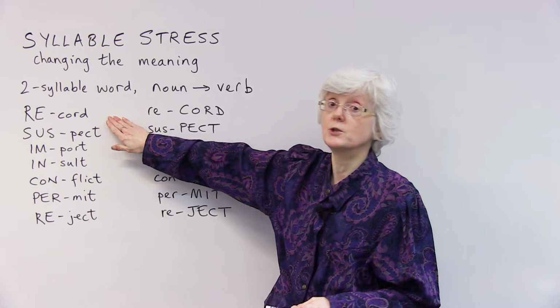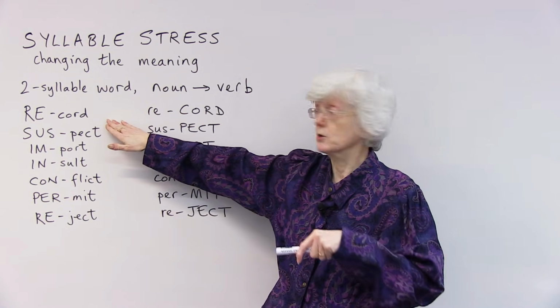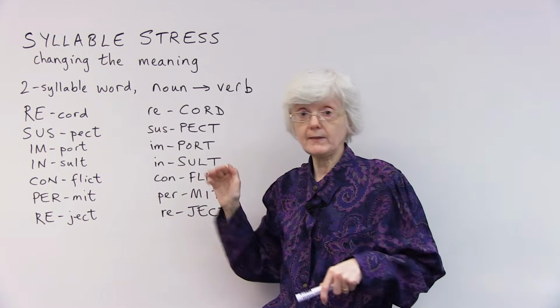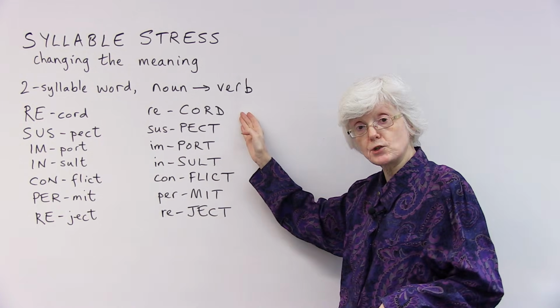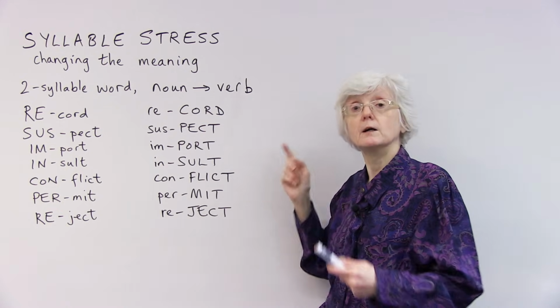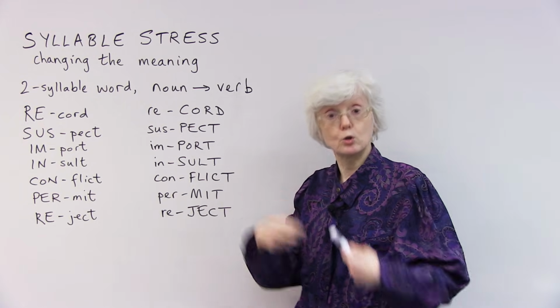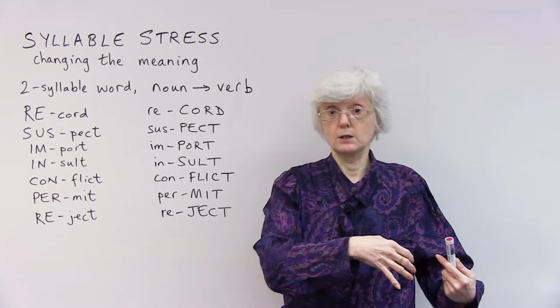So the record, that's the noun. A record is the noun. But if you then change the stress and say record, that becomes the verb. We are going to record a song.